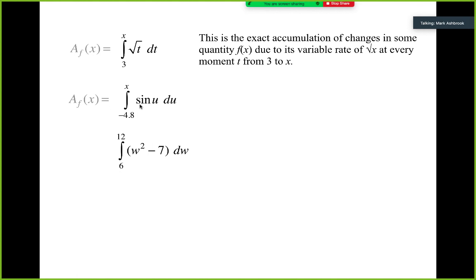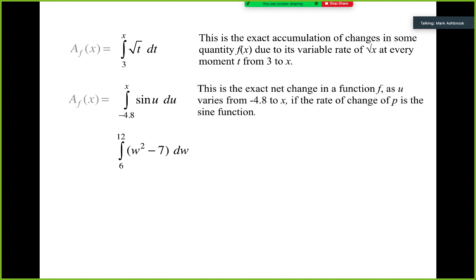Sine x. Sine x is the rate. Where are we starting accumulating from? Where are we going to start keeping track of the net variation? Negative 4.8. So this is the exact net change in a function f as u varies from negative 4.8 to x, if the rate of change of f is the sine function.